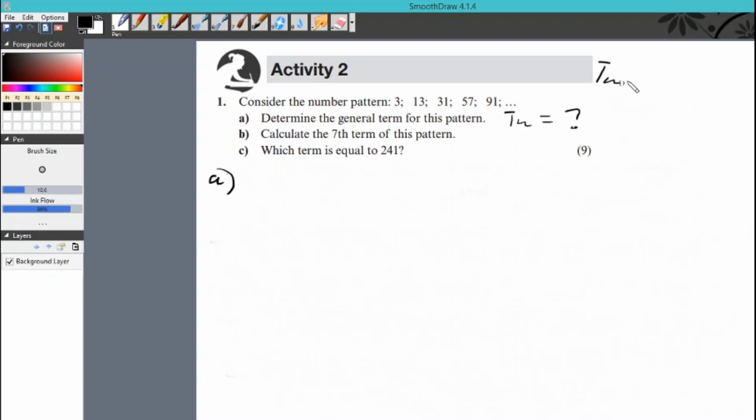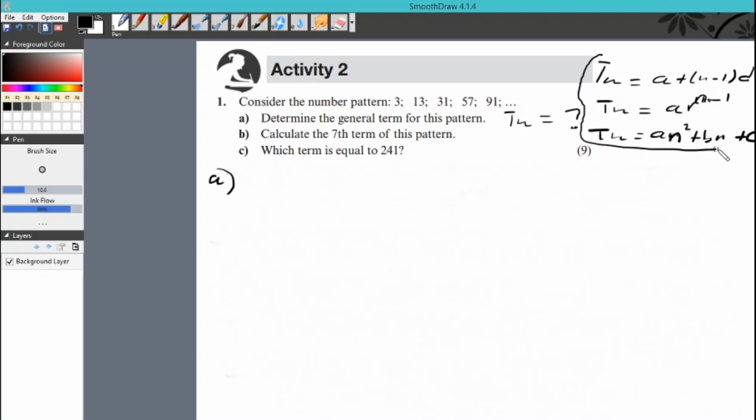Tn equals a plus (n minus 1) d for an arithmetic sequence. For a geometric sequence, Tn is equal to a r to the power n minus 1. For a quadratic, Tn equals an squared plus bn plus c.